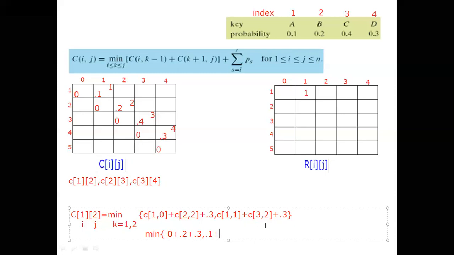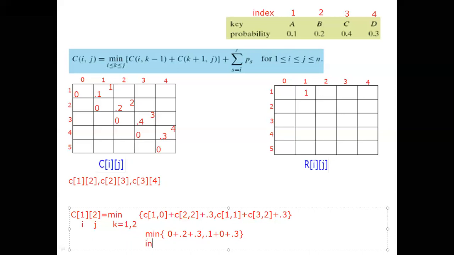plus, what is the value? C of 3, 2. What is 3, 2? 3, 2. What is the value? It is 0 plus 0.3. I will close. What is the value? Minimum of first 3 values we have to have 0 plus 0.2 plus 0.3. It is 0.5.